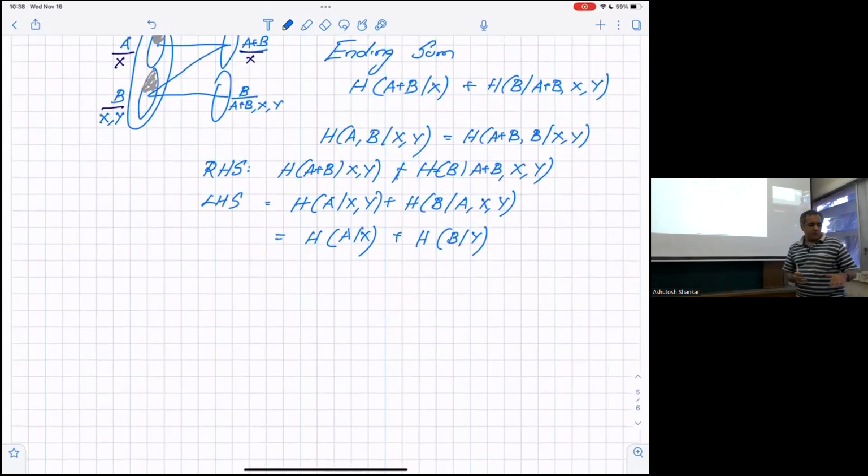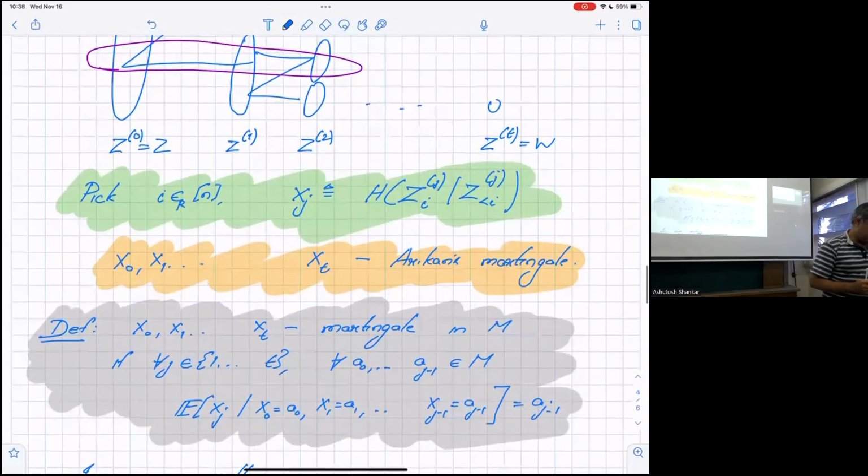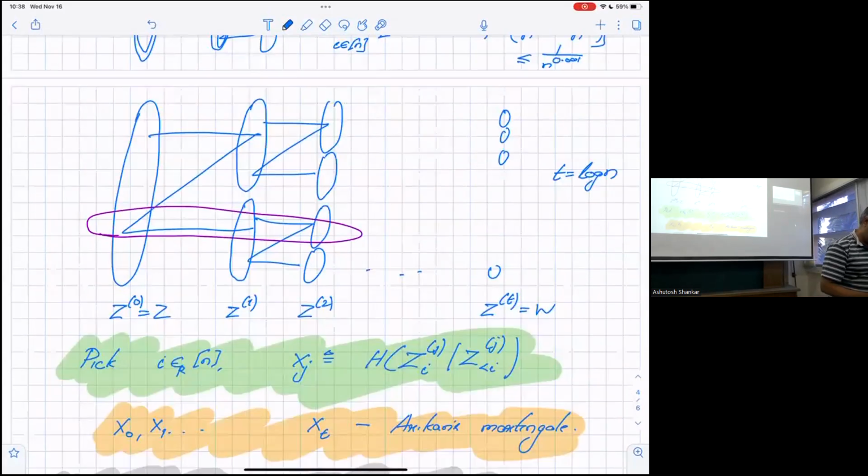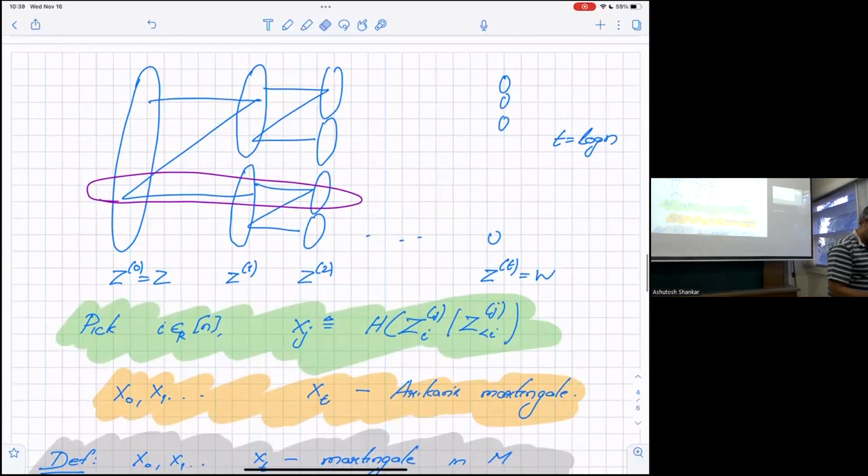What we want is this martingale, this sequence xj. Xj is the conditional entropy of a random location at the jth step, and we want this, as time progresses, to polarize to 0 and 1.